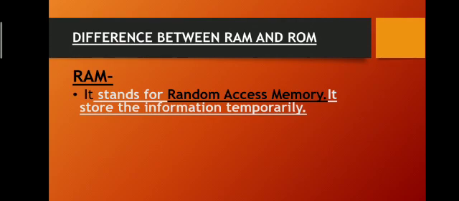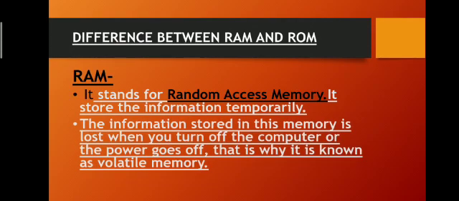In this, the information is stored temporarily. Second point is, children, whatever information you are storing in RAM will be lost when the power supply is cut off, or when your computer is switched off. That is why we say that RAM is a volatile memory.